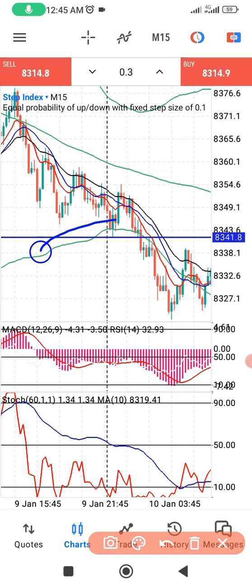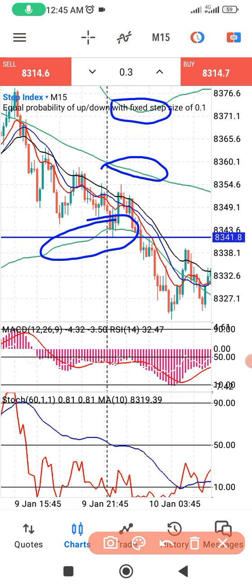The green line you are seeing here is our lower Bollinger Band, this one is our middle Bollinger Band, while this is our upper Bollinger Band. The function of the Bollinger Band is to enable us to know the market exhaustion point, that is, the possible area where we can have a reversal or a trade continuation.